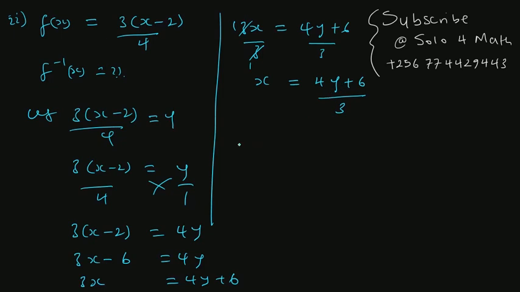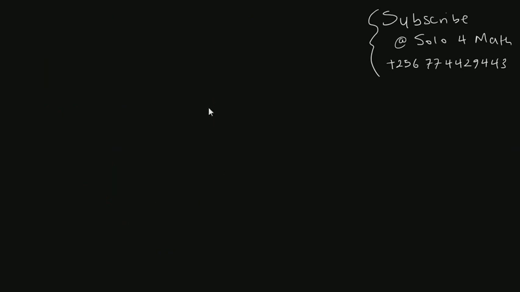So we just say that our inverse is equal to this function, but when our y is substituted with x, it is 4x plus 6 over 3. Yes, I think we are good to go. Let's try out this other example.